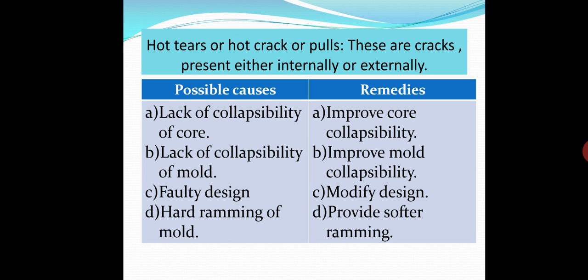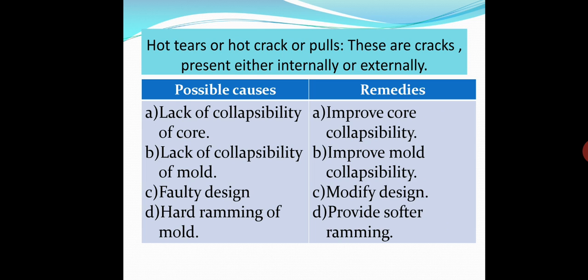Next is hot tears or hot cracks or pulls. These are cracks present either internally or externally. Blowholes are cavities, porosity is microscopic pores, and a hot tear is a crack. Causes are lack of collapsibility of core, lack of collapsibility of mold, faulty design, and hard ramming of the mold.